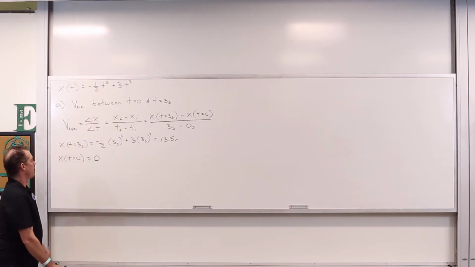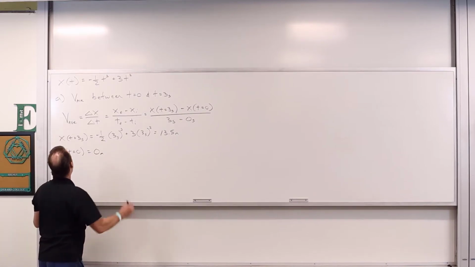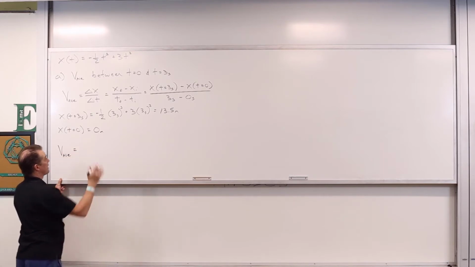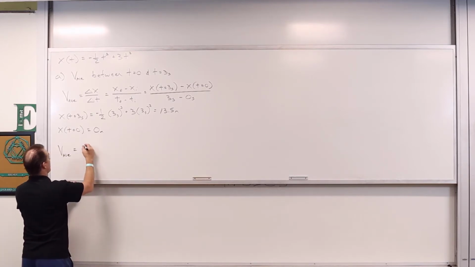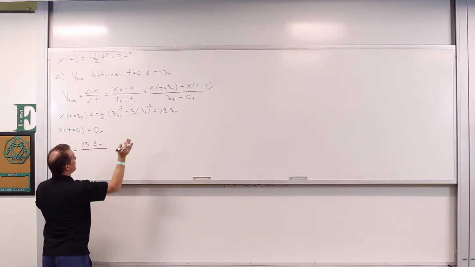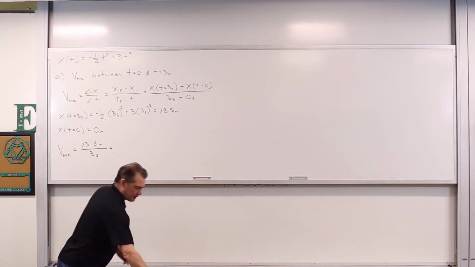So we're starting at the 0 meter mark, moving to the 13.5 meter mark, and thus the average velocity over the time interval from 0 to 3 seconds is equal to 13.5 meters minus 0, divided by 3 minus 0, which is just 3 seconds.